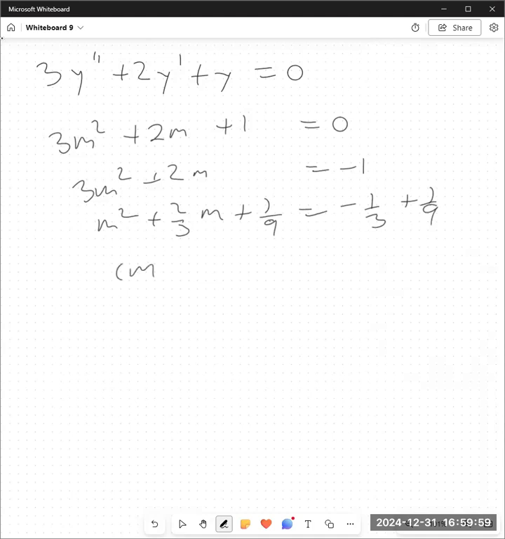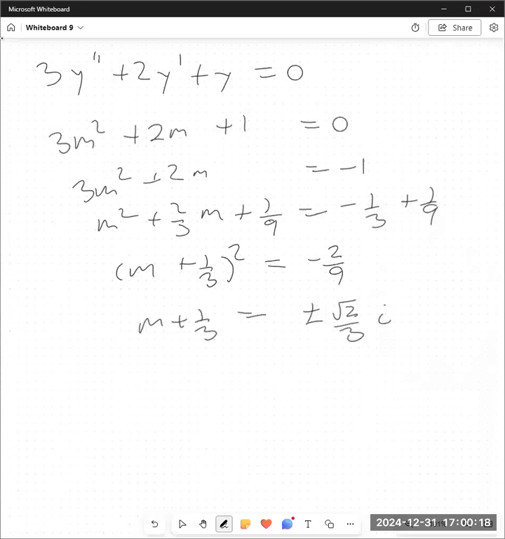So this is m plus 1/3 squared is equal to -2/9. And then m plus 1/3 is equal to plus or minus √2/3 i. So m is equal to -1/3 plus or minus √2/3 i.